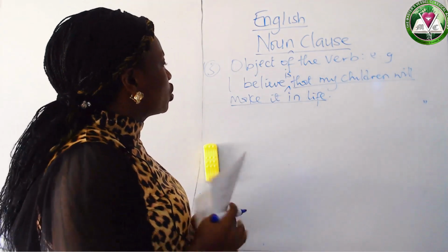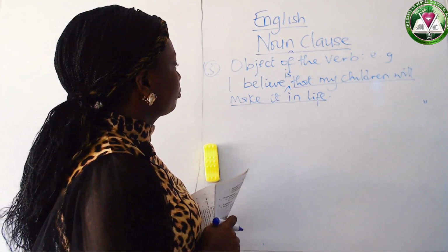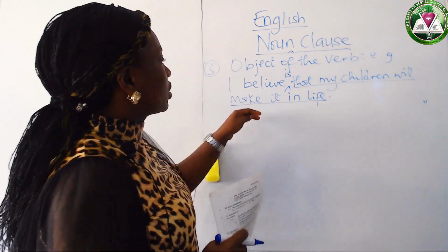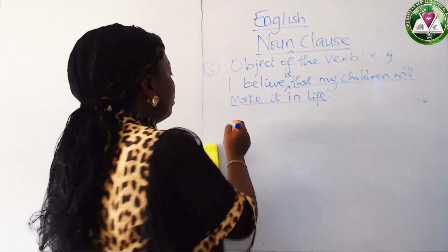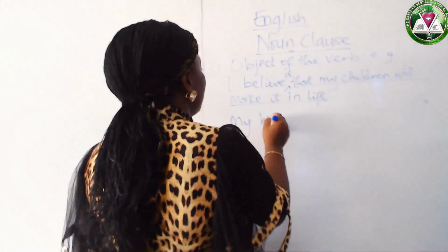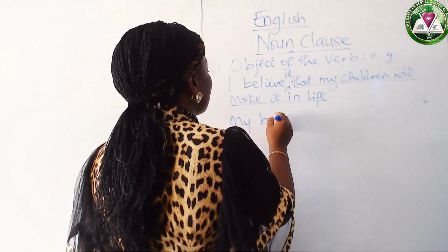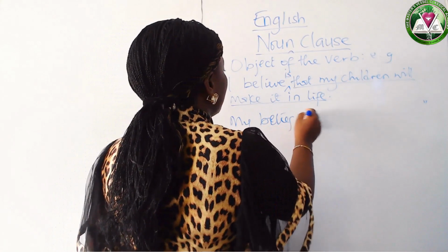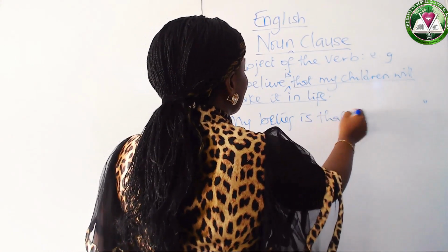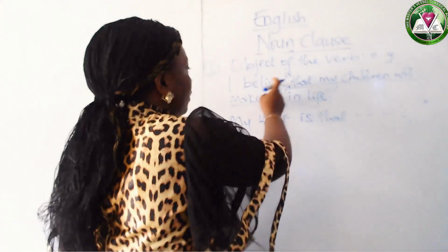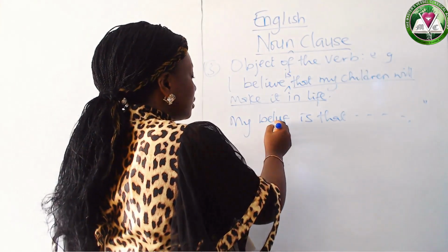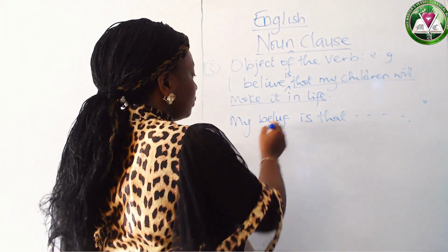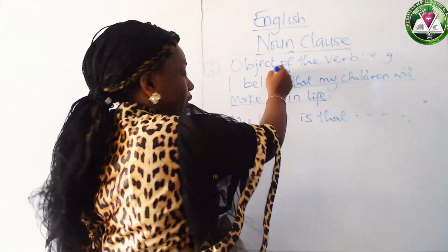Now, if we want to turn this to subject complement, we can say my belief is that my children will make it in life. In "I believe", this one is a noun, and this is a verb.